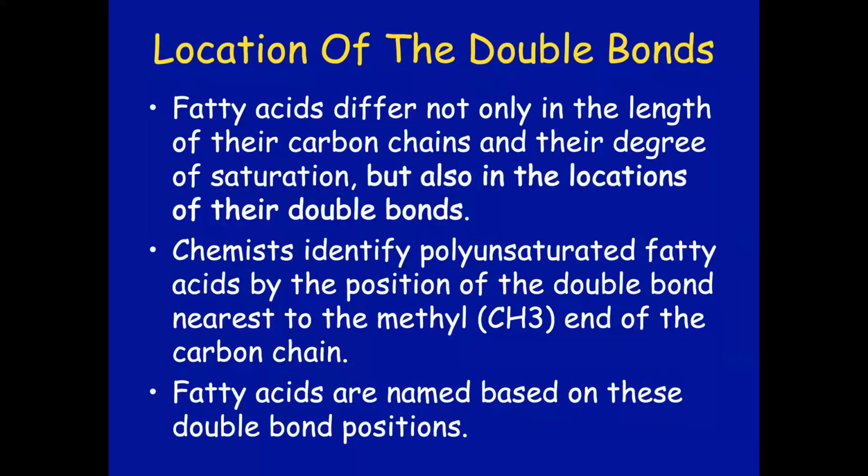Now, the location of the double or triple bonds can vary. The way that you name and identify these unsaturated fatty acids is by the position of the double or triple bond that's nearest the methyl group at the end of the carbon chain. And methyl is a CH3. So again, fatty acids are named based on the location of those double or triple bond positions.